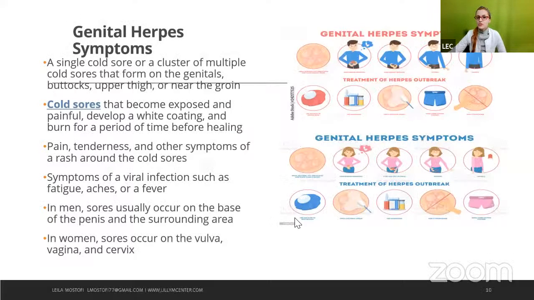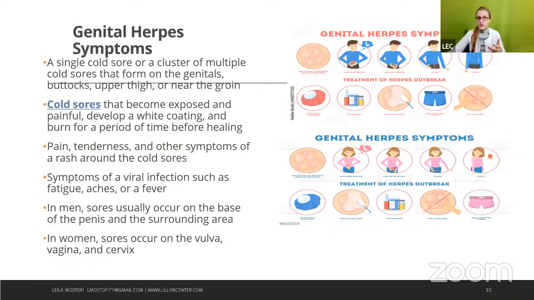For example, if they are in the first stage, or in the acute phase, or in the contagious phase. So let's check. As you see, there is a male and female picture here: a single cold sore or a cluster of multiple cold sores that forms on the genitals, buttocks, upper thigh, or near the groin.